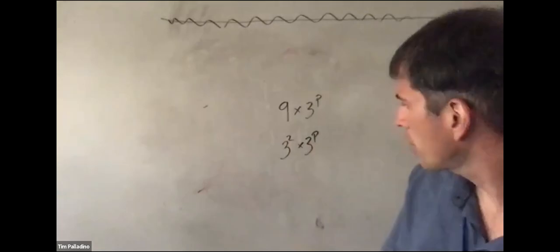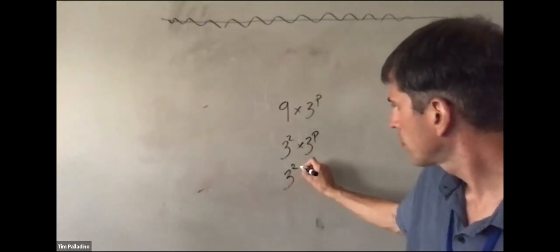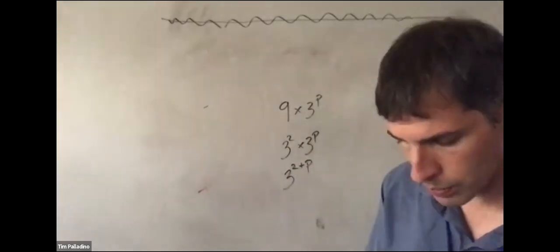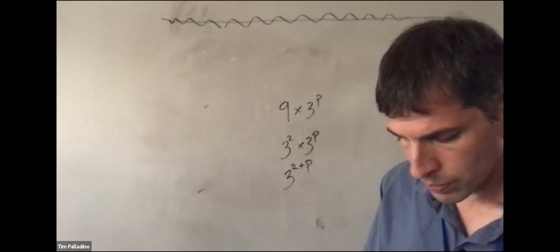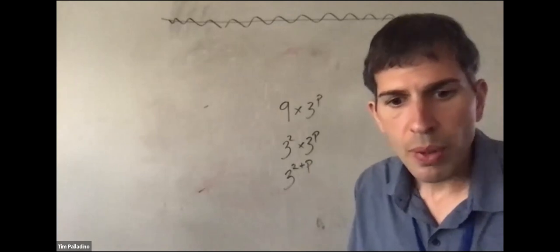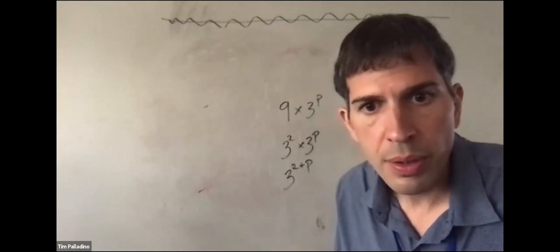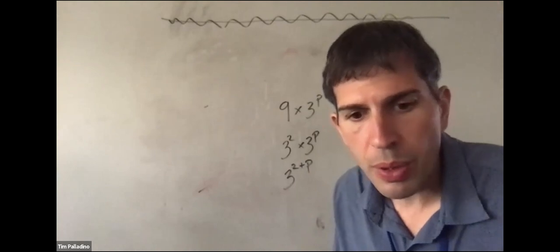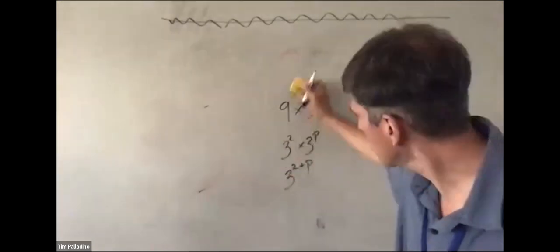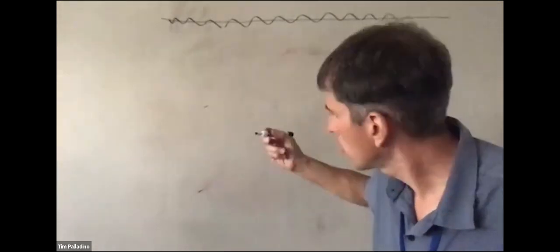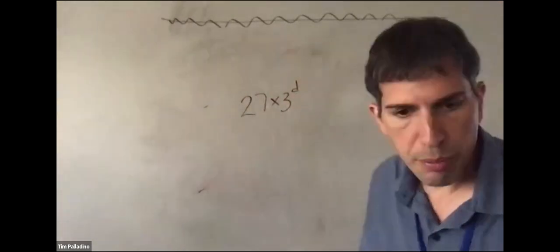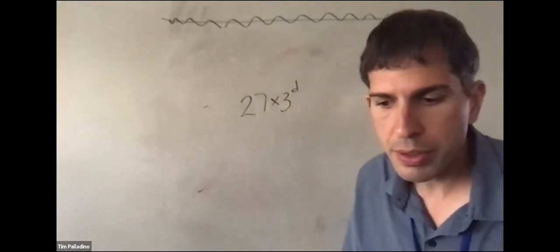I put a hint on the board if you're stuck. All right, so the next one. I think we'll do 1, maybe 2 more. So if you could do the next one that says 27 times 3 to the d power.